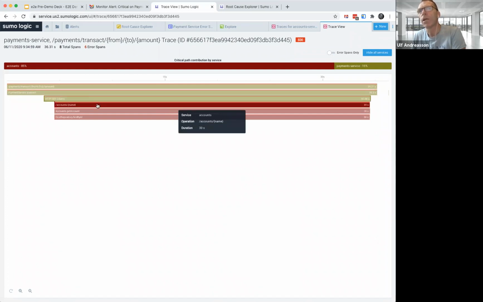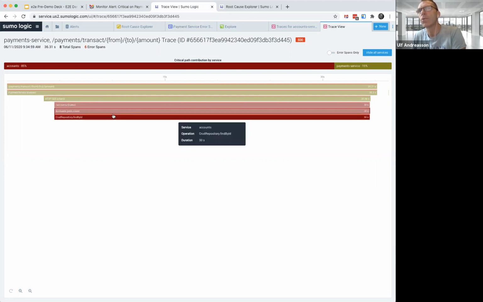But once that service starts to communicate to the accounting service, that's really when I see the problems. And you saw in the previous screen, I had multiple of these. So again, this is an issue with my payment service communicating to the accounting service, and that's where it stops.